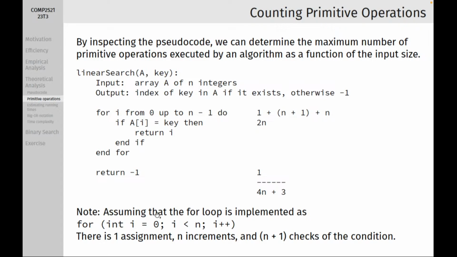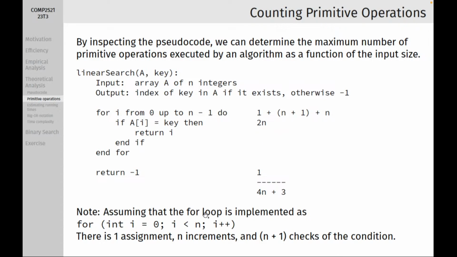It gets checked once at the beginning, when I is set to 0, to see whether I is less than n. Then the loop iterates n times, and at the end of each iteration it checks the condition again. So this condition gets checked n plus 1 times.